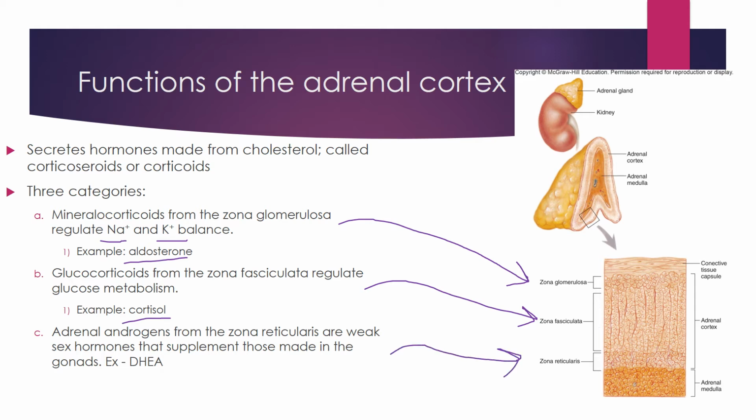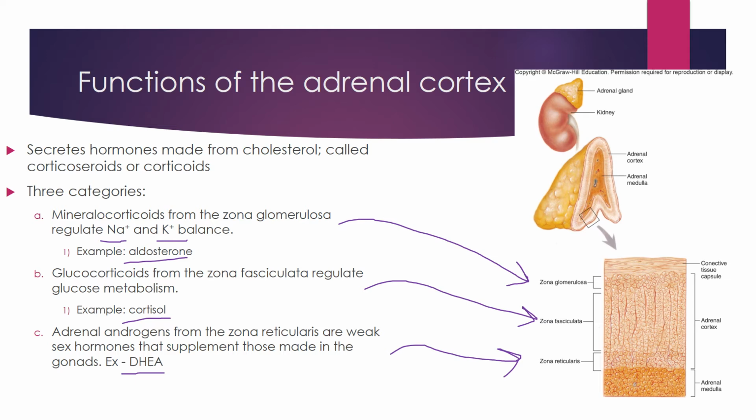They are weak sex hormones that help to supplement those within the gonads, such as testosterone and estrogen. An example of that is DHEA, or dehydroepiandrosterone. These are precursors that help to make those stronger androgens that we have within the gonads.